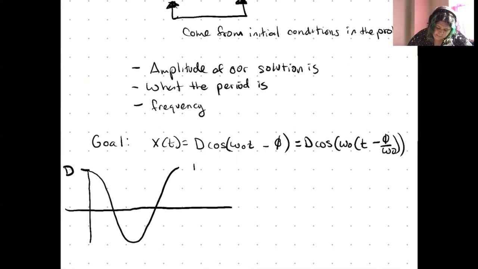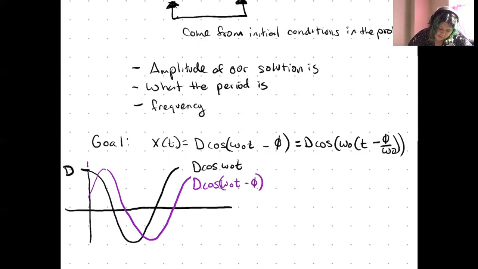But with the phase shift, we're actually starting maybe over here, and my solution looks something like that, where it's shifted a bit. This would be D cosine omega naught t minus phi, and that shift from t equals 0 to where our cosine curve would start is phi over omega naught.